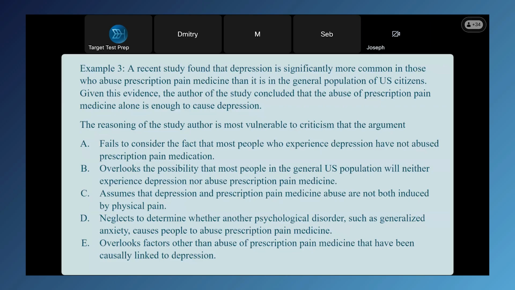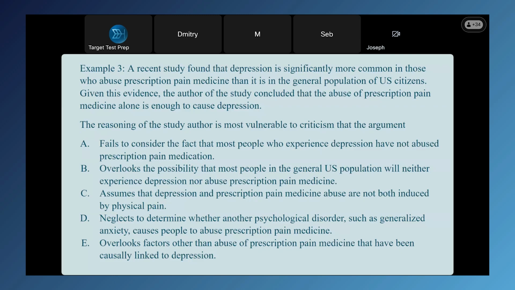E overlooks factors other than abuse of prescription pain medicine that have been causally linked to depression, similar to A, though I think a bit more temptingly phrased. It does do this. I guess it does overlook factors other than abuse of prescription pain medicine that have been causally linked to depression. But that's not really the focus of our argument.